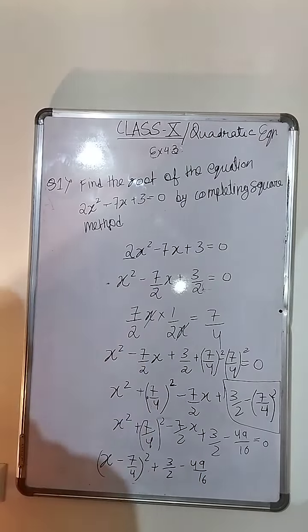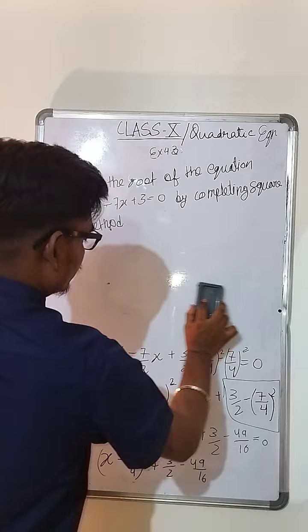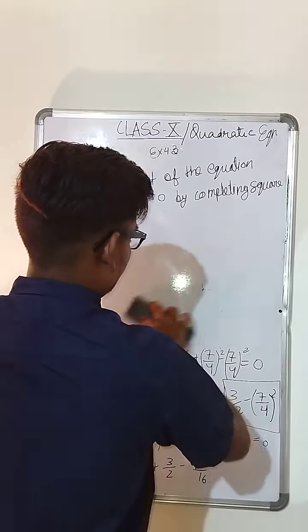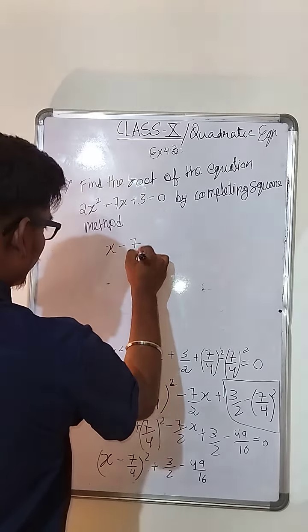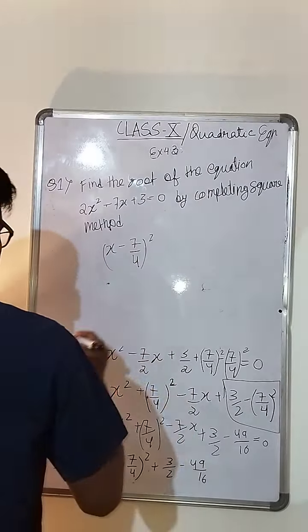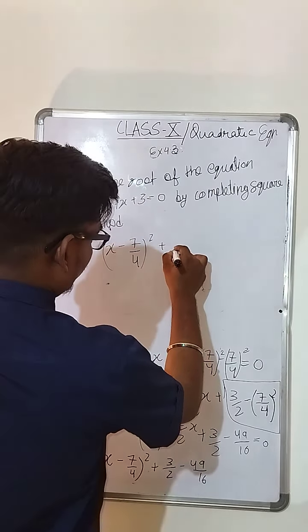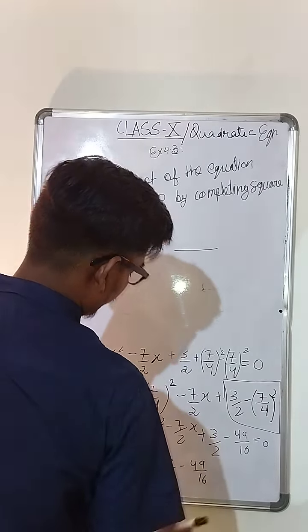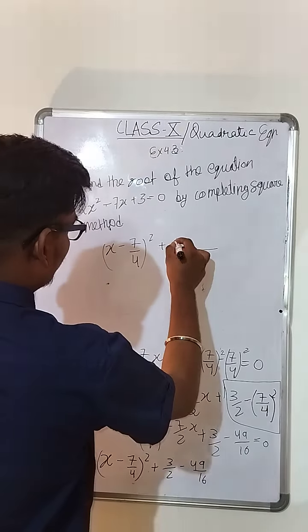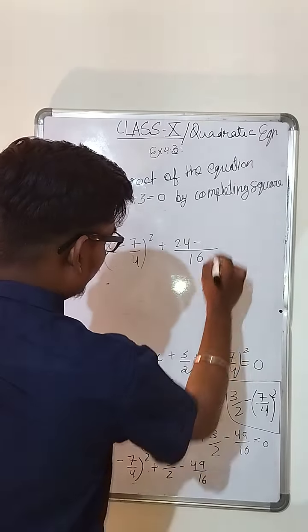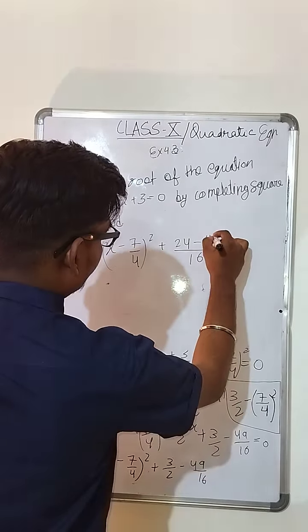Okay, next I am rubbing this side only. So now x minus 7 by 4 whole square plus, now taking the LCM of 2 and 16, it will be 16, so 24 minus 49 equal to 0.